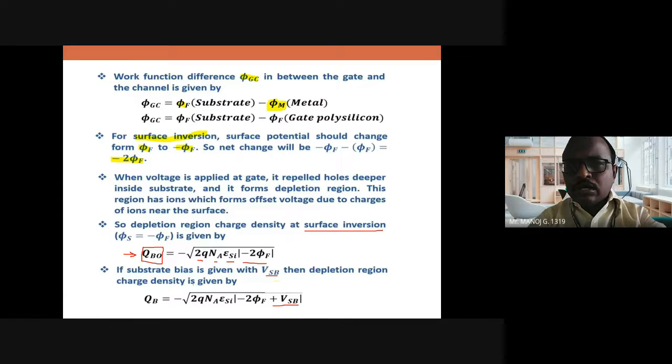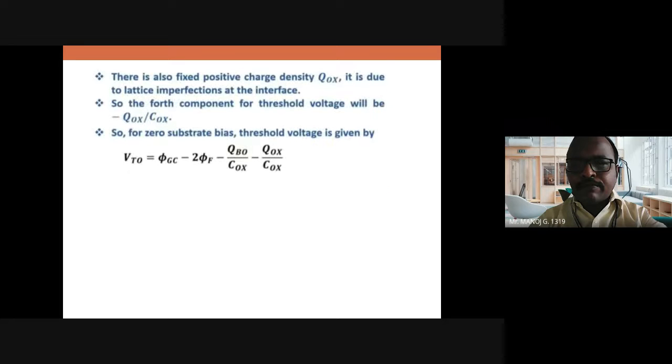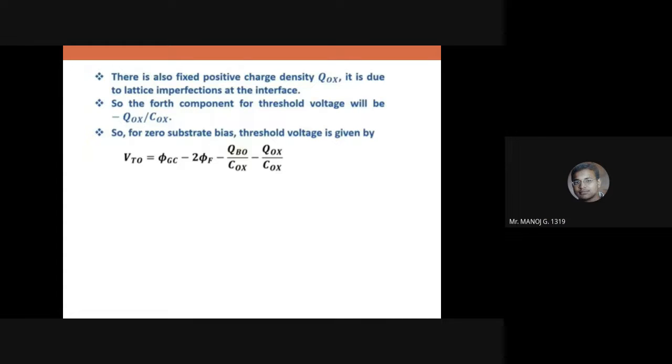That is the fourth parameter. I told you that in fabrication there is a lattice imperfection taking place, and because of the lattice imperfection there is a change in the threshold voltage. Lattice imperfection means that when you fabricate the whole IC, there will be a small imperfection.